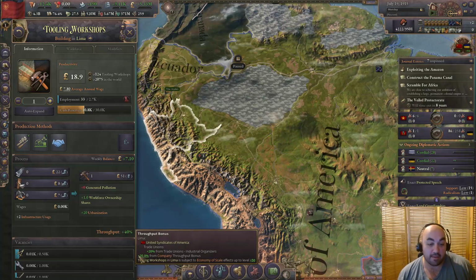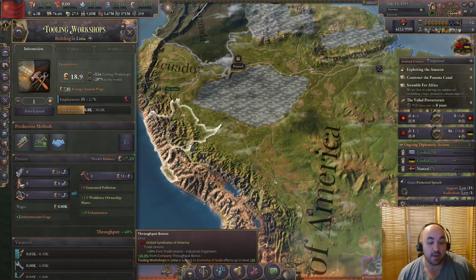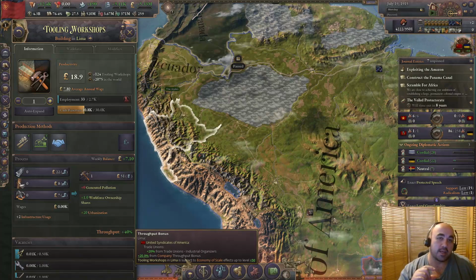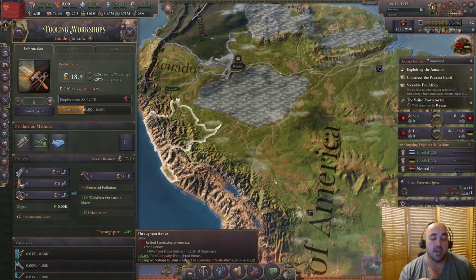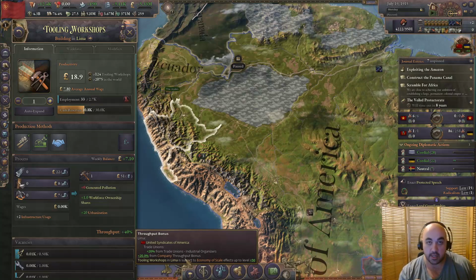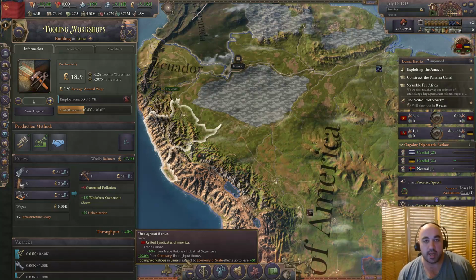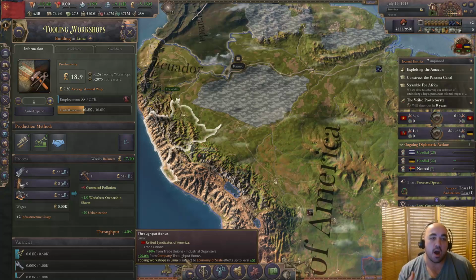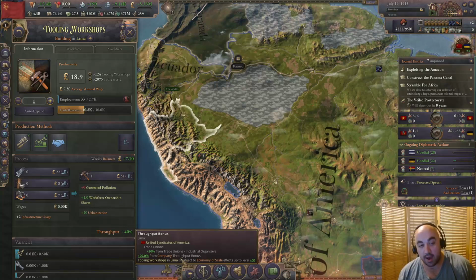If we already have 40% from this, it's going to be less valuable for us to get 50% from economies of scale, because moving from 100% to 150%, you are increasing your output by 50%. If you go from 150% to 200%, you're actually only increasing your output by 33% because you're increasing it by a third of where you were at before. So the marginal increase of throughput is less valuable the more modifiers you have of it.